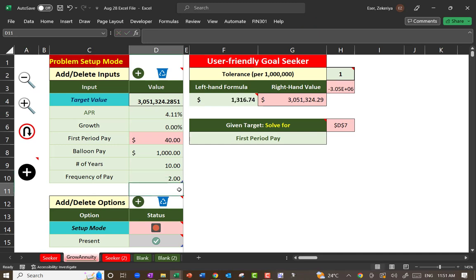Oh, frequency of payments is 2. I'm sorry. Oh, that's not $40. That's 19.375 for now. I'll put a formula there.